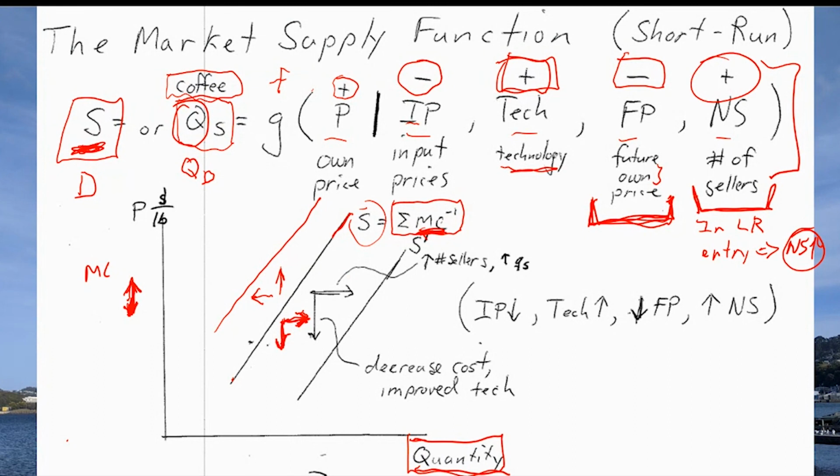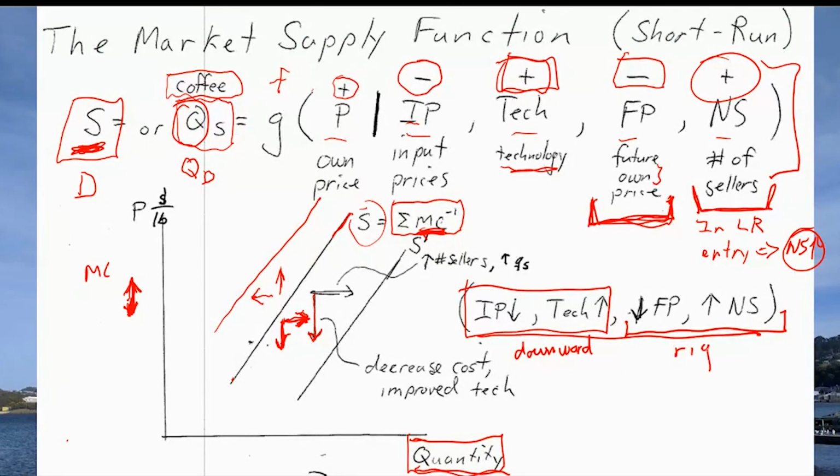All right, now here I've got listed the changes that are going to tend to cause a rightward shift of the supply curve or a downward shift, depending on how you want to interpret it. And again, the first two can be thought of as causing downward shifts, and the second two can be thought of as causing rightward shifts. But in the end, it's all the same.